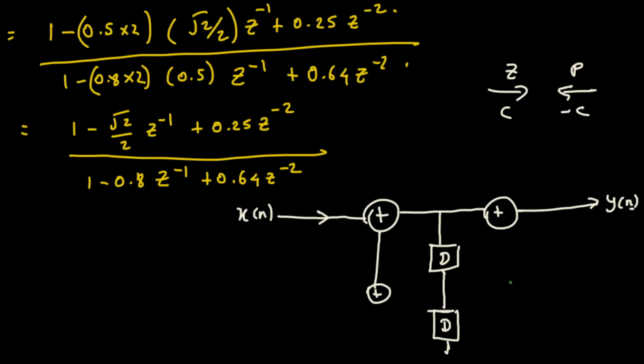And zeros also same thing, we have 2 zeros, so I put a plus here as well. Okay, and the direction for the poles, as you can see, is going to be this direction. And for the zeros, the direction is going to be this. Same for the bottom one as well.